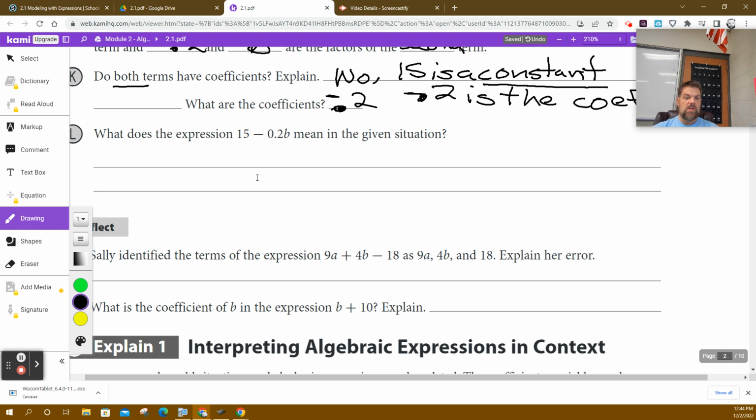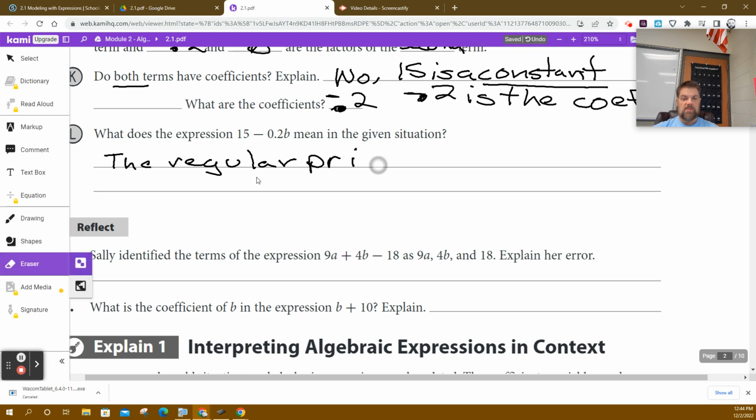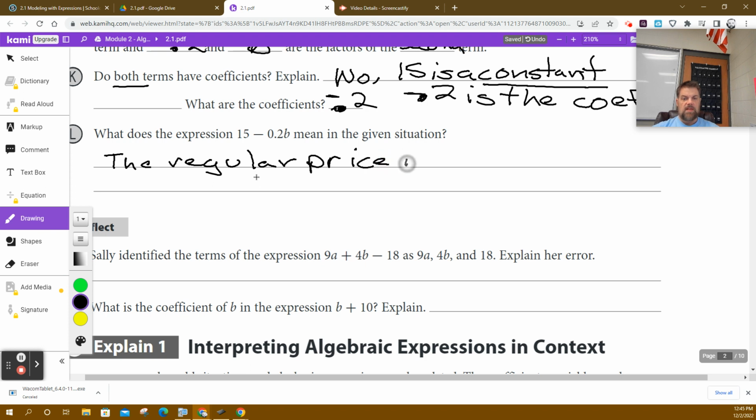What does the expression 15 minus 0.2B mean in the given situation? The regular price is 15.